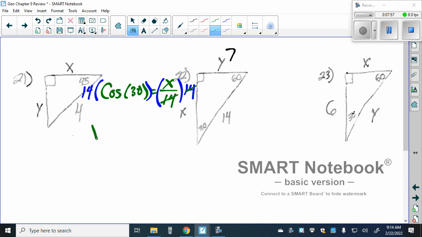These would cancel, telling us x is equal to 14 cosine of 30, and that x is equal to 7 square root of 3. And the reason this works out is that cosine of 30 degrees is the square root of 3 over 2.